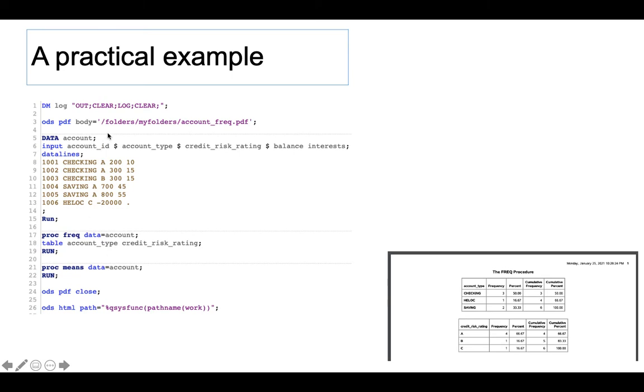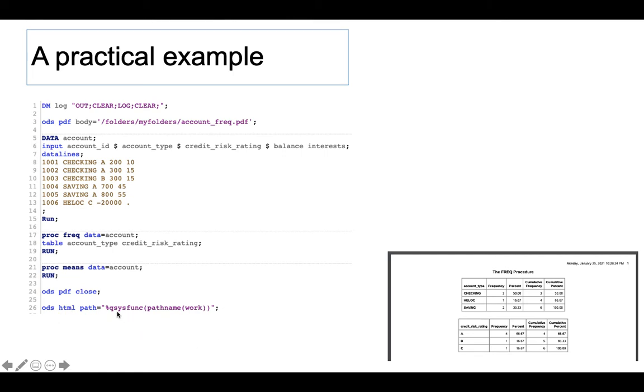After you finish, it's always good practice to close it, and you put ODS PDF CLOSE. This line is good to have at the bottom, because by default SAS opens the HTML output. So if you use a different type of ODS, after you close it and you want to reopen the default, this is the right way.